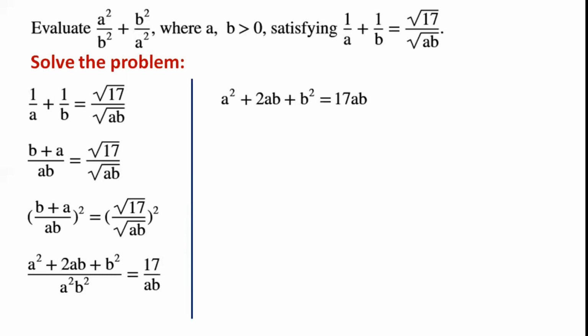By rearranging the equation, we can now write a squared plus 2ab plus b squared equals 17ab. By simplifying and rearranging the equation, we can now write a squared minus 15ab plus b squared equals 0.